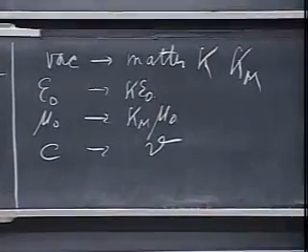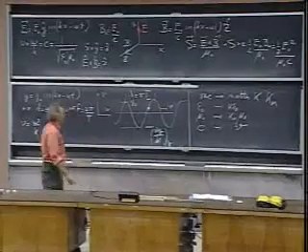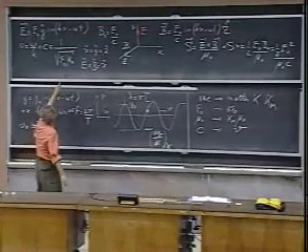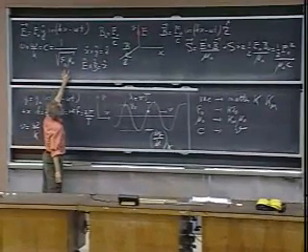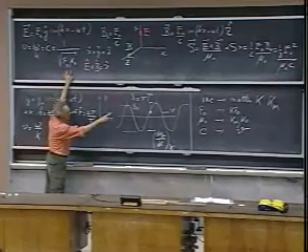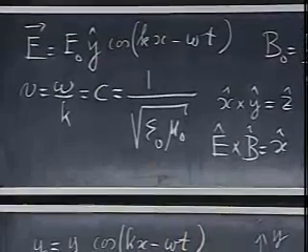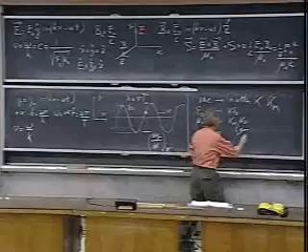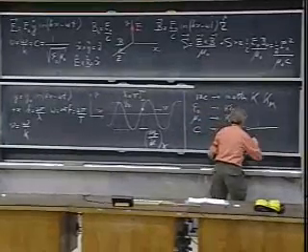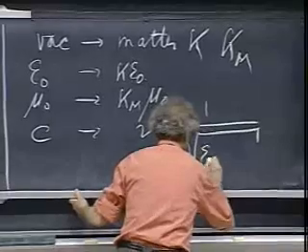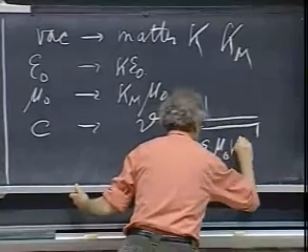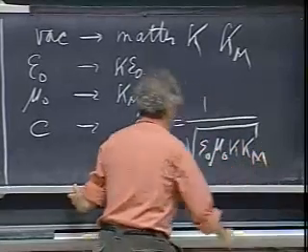And you see immediately how it changes, because epsilon 0 and mu 0 have to be replaced by epsilon 0 kappa and mu 0 kappa m. And so you see here that the velocity, following my recipe, becomes 1 over the square root of epsilon 0 mu 0 kappa kappa m.